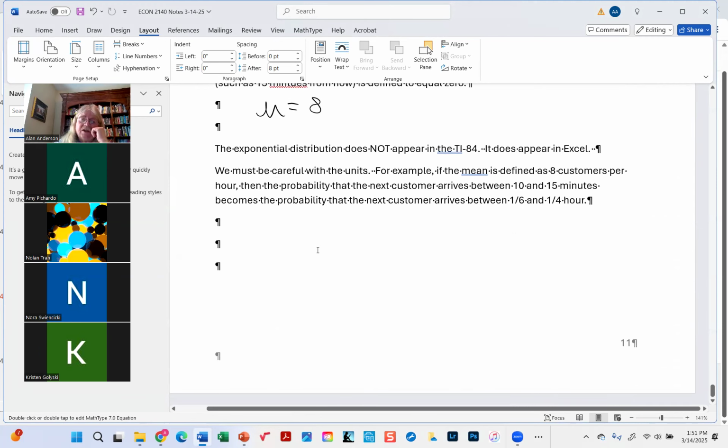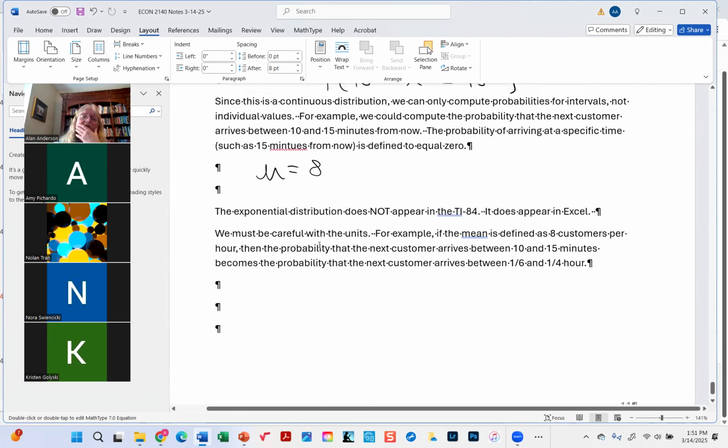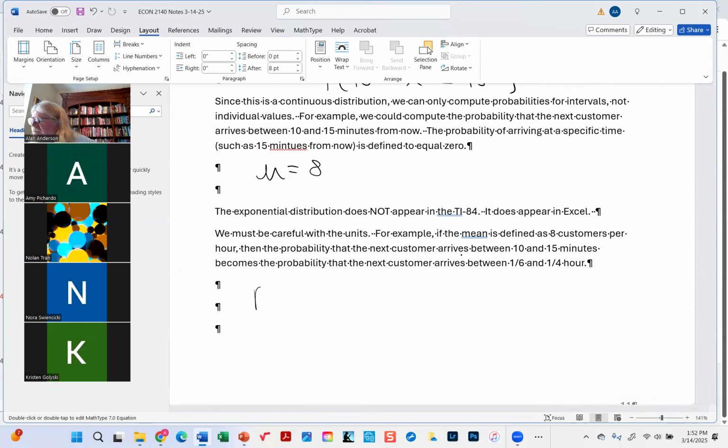Now here's the one thing we have to really watch out for, though. We have to make sure that our questions are consistent with the data that we have. For example, before I said that on average we have 8 customers coming in the store every hour. Then I asked the probability that the next customer arrives between 10 and 15 minutes.